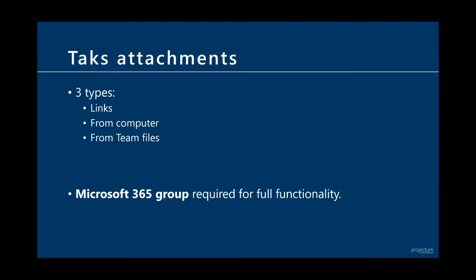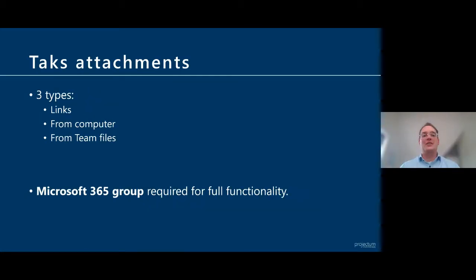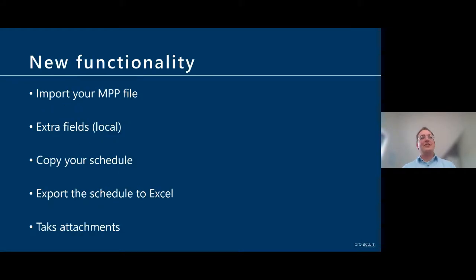Let me jump back to the presentation. These are the 5 new features that I wanted to share with you today. So we had importing a Microsoft project file using PowerShell, and it might be a bit too technical for everyone, but this is very useful for geeks like me.